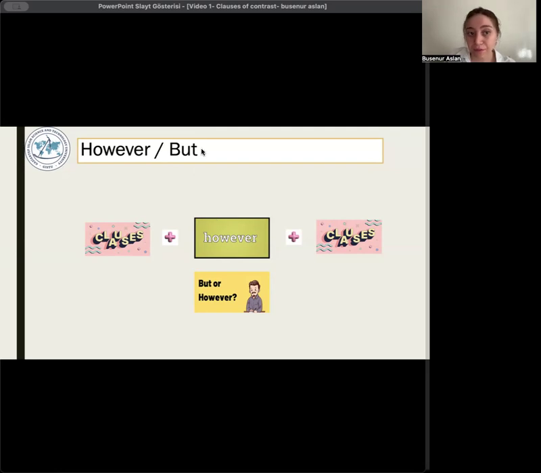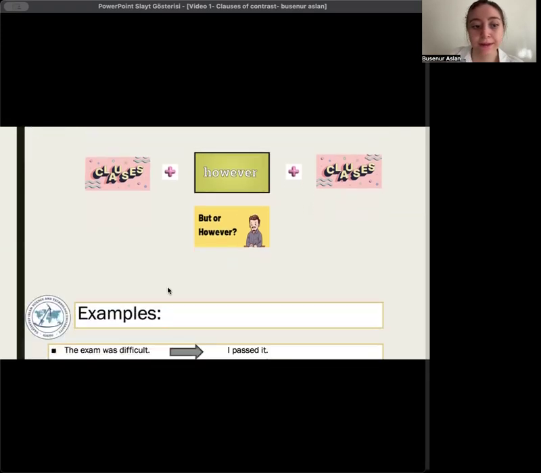And there's but. It also gives the meaning of contrast, the opposite of something. But can be seen as a little bit more informal than however. We use however in our writing or in our essays. It is formal.